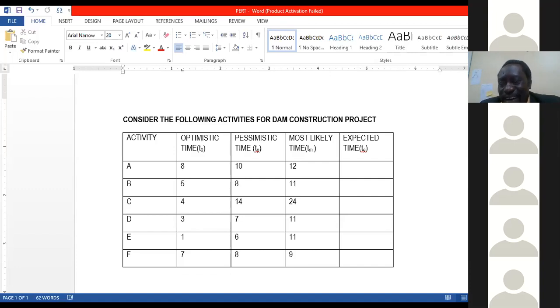Which answer is correct? For activity D, it's 9. Ibrahim, which one is the right answer? Activity D, the answer is 9. So do we agree it is 9? Yes. Okay, so Sonia, please correct the way you are computing.